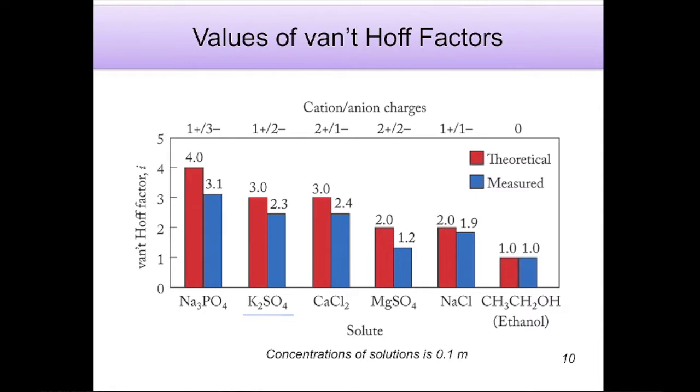Okay, so notice that the theoretical Van't Hoff factor is equal to the number of ions that each of these breaks up into, but the measured Van't Hoff factor at a concentration of 0.1 molal is always less. Okay, it's always going to be a little bit less.